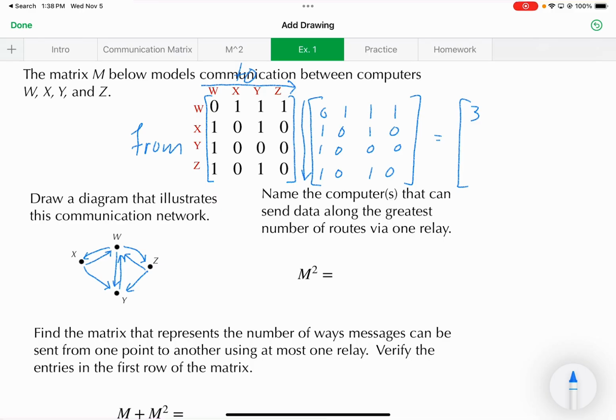I'm going to try to just do them all in our head. All right, let's do our next entry here. So we're going to do top row, second column. So that would be 0 plus 0 plus 0 plus 0. I'm getting a 0 there.